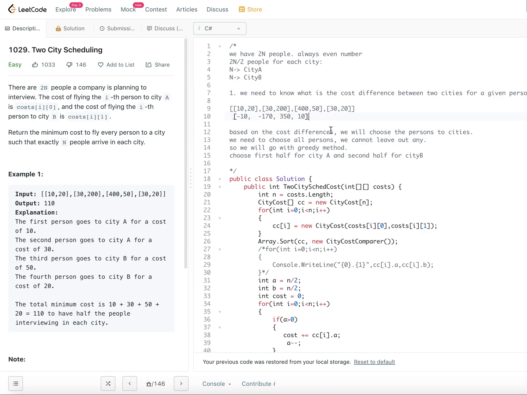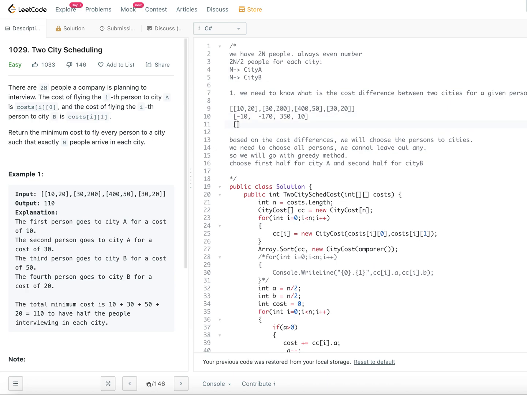When you sort this, minus 170 will come first, minus 10 will come next, 10 will come next, and 350 will come last. Let me write the corresponding things in that order, because we don't care about the sorted numbers, we care about these entries.